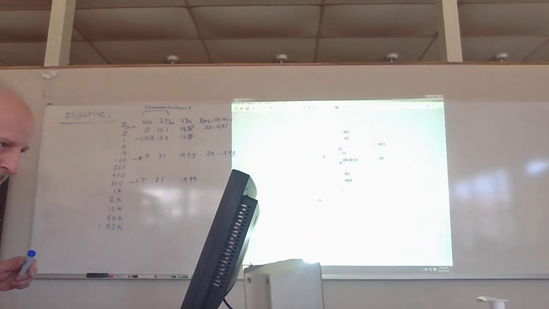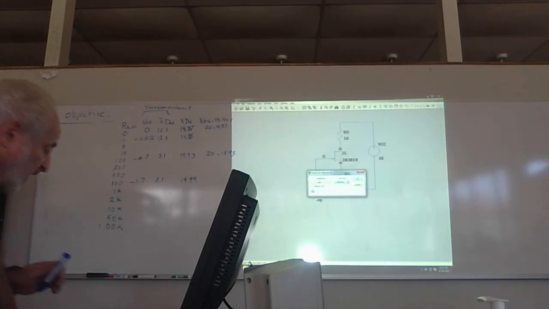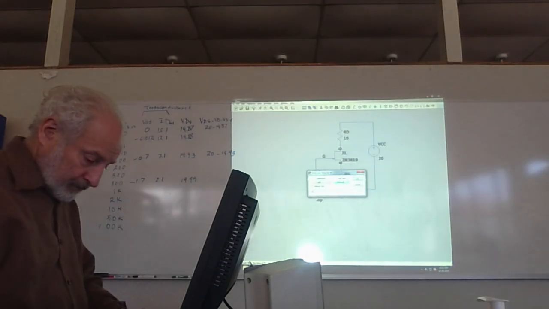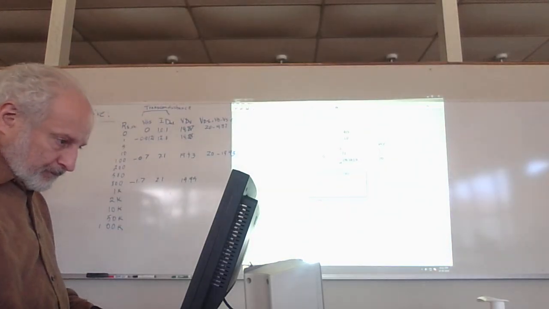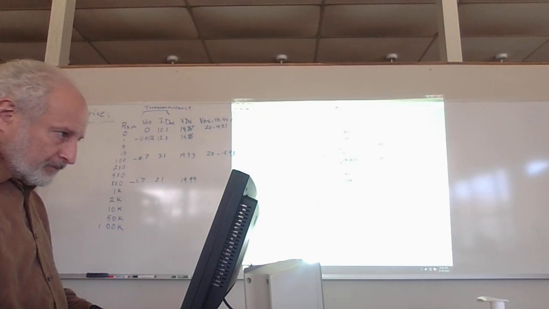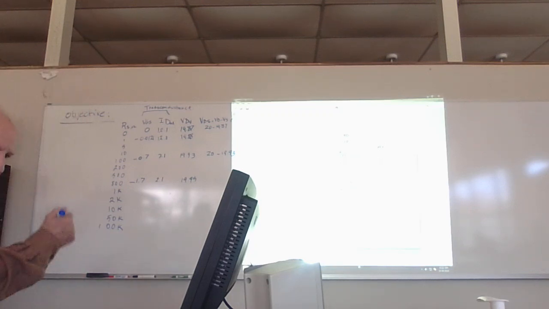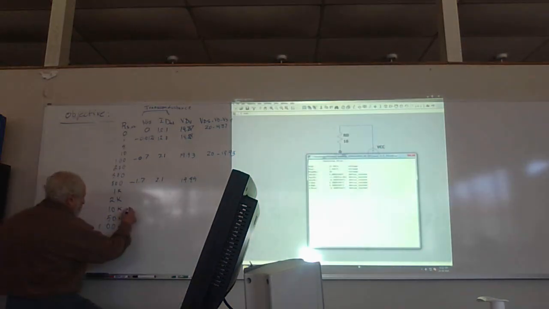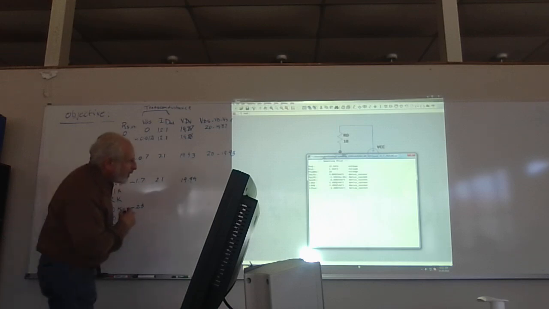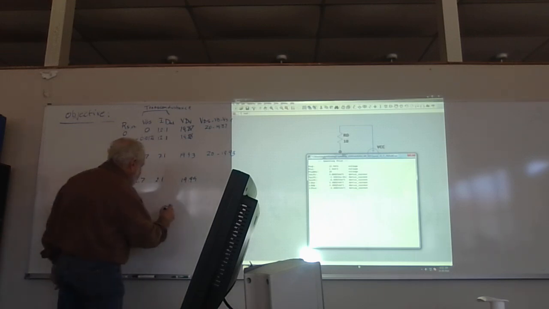Let's put 10K. At 10K, I'm getting minus 2.5, and the current is 0.2 milliamp.